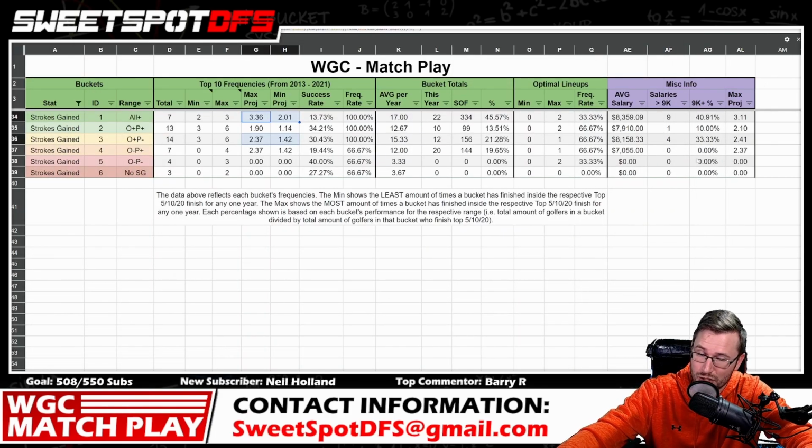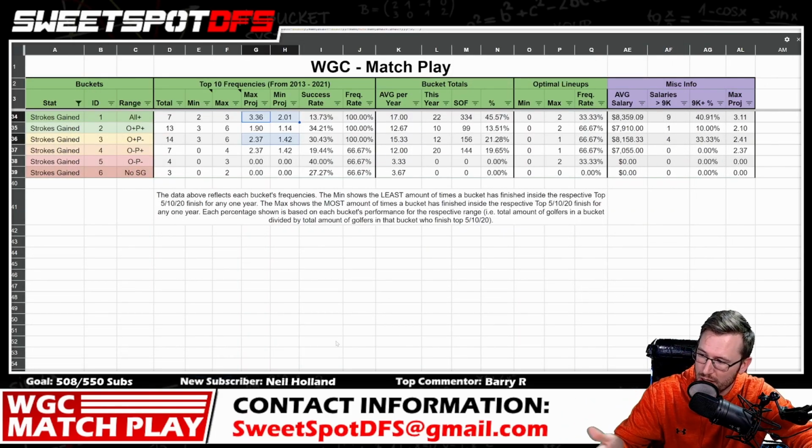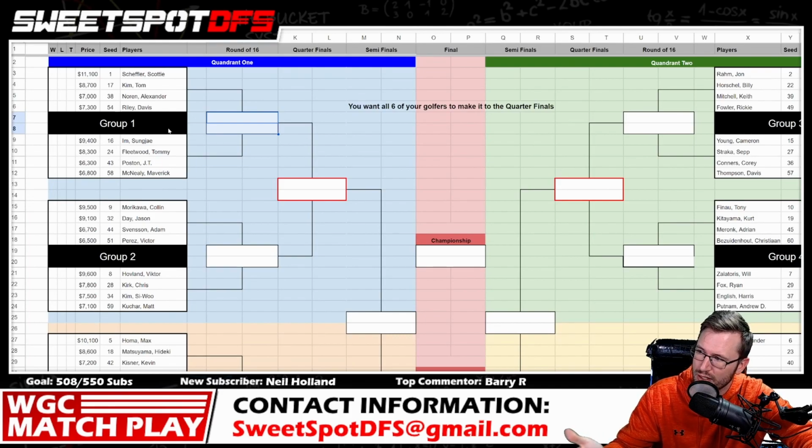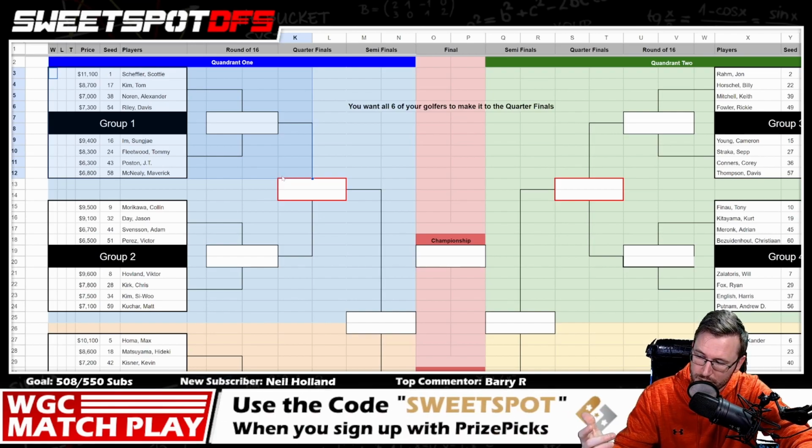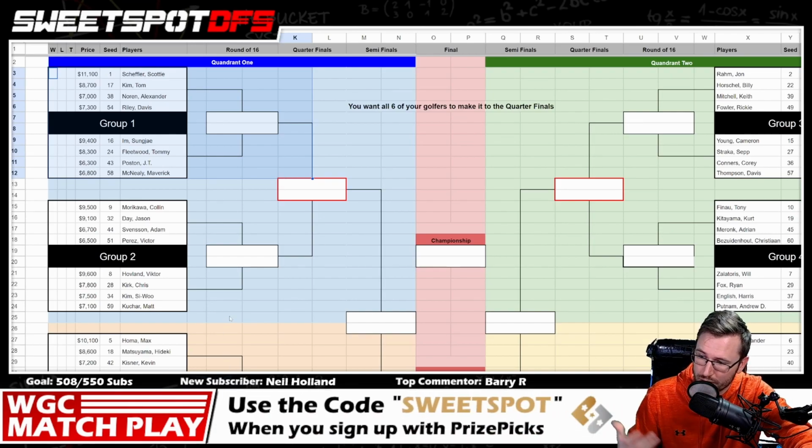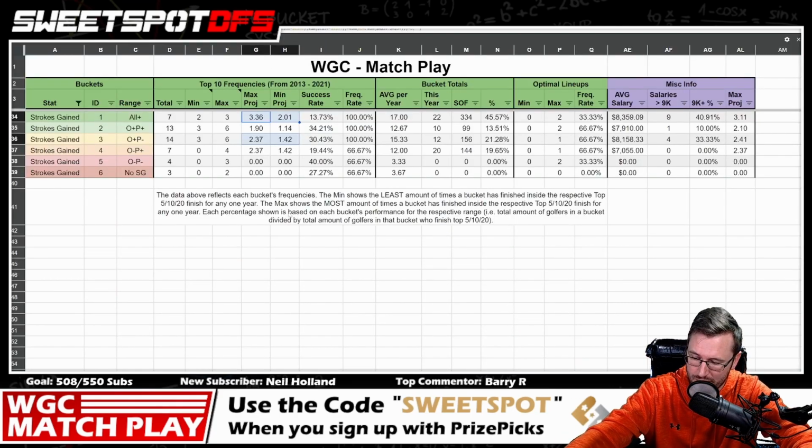And a lot of that has to do with, 1, the strategy in building lineups this week has everything to do with selecting golfers from each of these quadrants the correct way. And 2, salaries get involved. And it might be way too difficult to pair golfers up based off the projections that I have for the buckets, based off their salaries and based off the strategy this week.